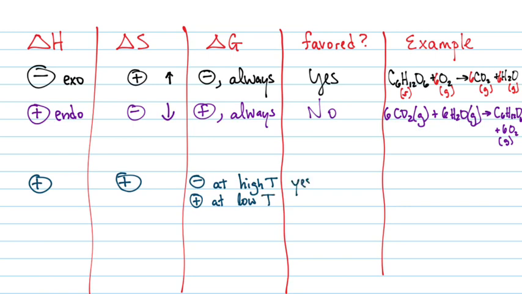So we could say yes at high T, and no at lower temperature. And that means that magical temperature depends on the particular reaction. We're going to practice solving for temperature on the next slide. So can you think of an event that happens on its own at relatively higher temperatures, but is not spontaneous at some other temperatures?